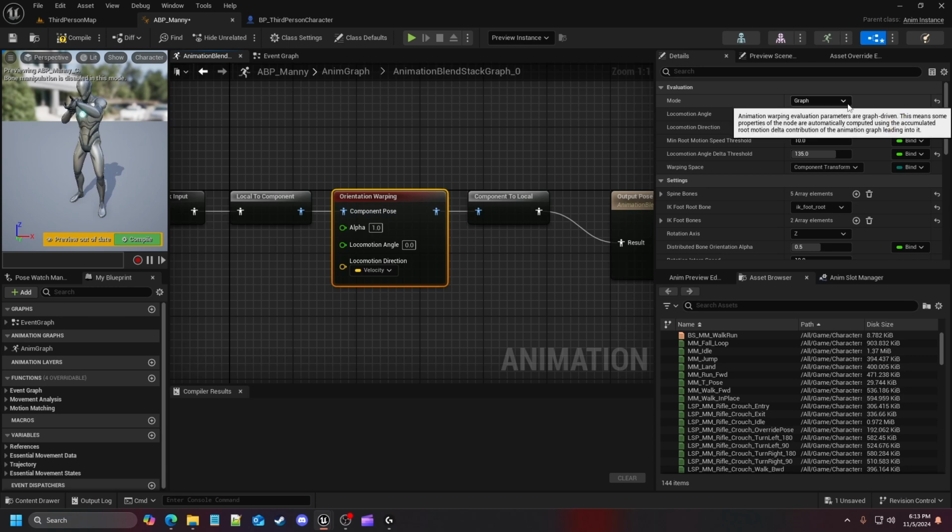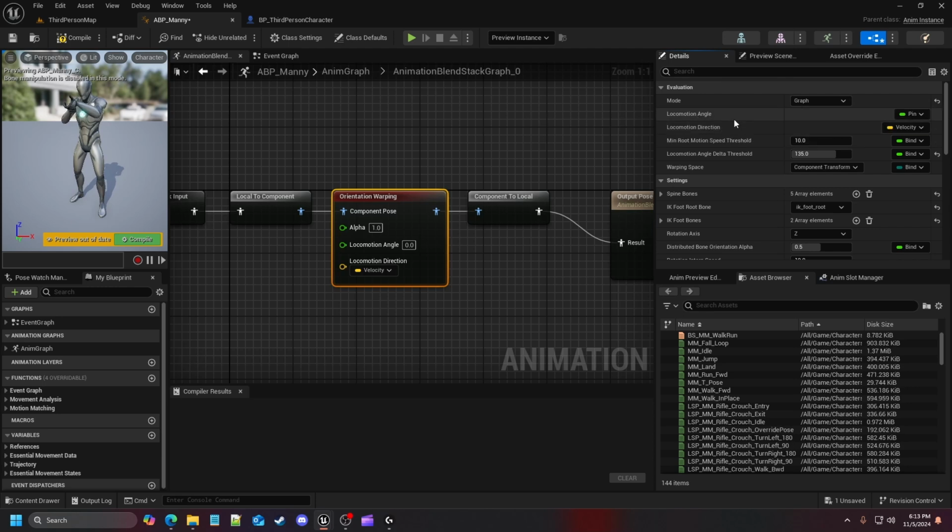We want to specify graph here, because we set it to graph, meaning that it dynamically calculates the stuff that gets put through the animation graph, rather than being a static setting that we would have to set via manual, because we don't want to set all that stuff up. We just want to grab whatever animation data is being passed down the pipeline, and use graph to dynamically calculate everything here and make the proper adjustments to what we have set. So that's why we need this set to graph.